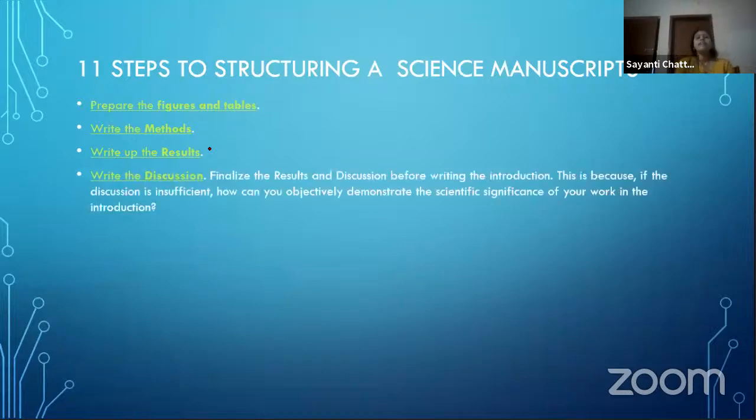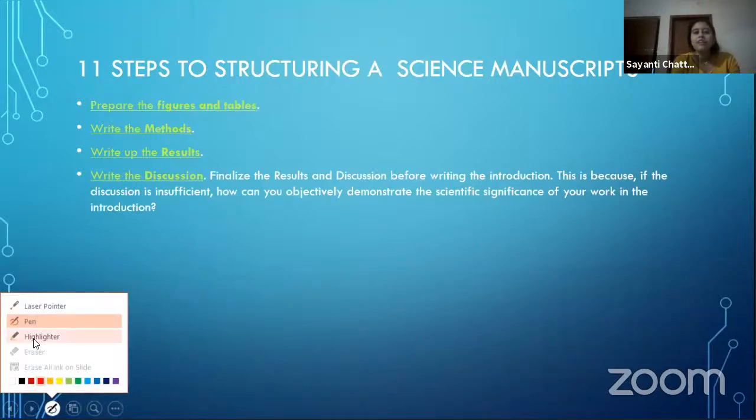Next is to write the discussion. Already you have wrote the results of each and every section. You have drawn the figure, you have wrote the tables. Now you know all the figures. So based on the figures, you first write the discussion. What is the discussion portion? So write the results and discussion before the introduction.